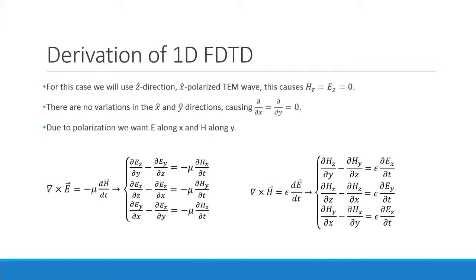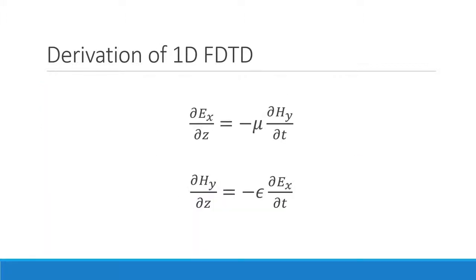And then due to the polarization, we want e along x and h along y. This gives us this term here, and this term here, and this term here, and this term here. The next slide will show these equations together, and these are our derived 1D FDTD equations.